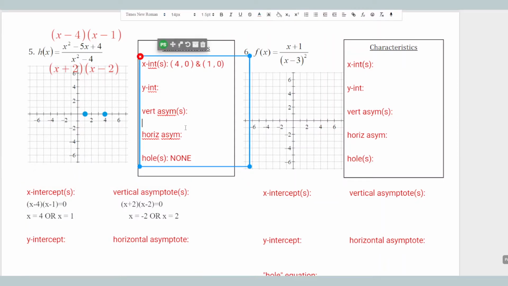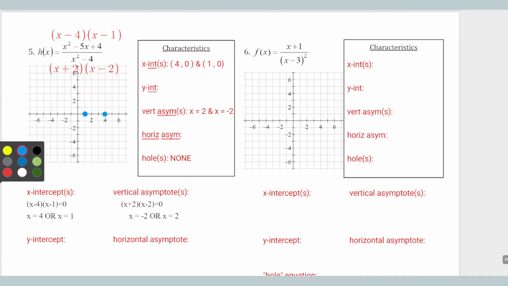But we do have 2 vertical asymptotes. We got one at x equals 2 and one at x equals negative 2. So I'm going to draw those again in green to show that they're not really part of the graph here. It's just going to help guide the graph. So I have a vertical asymptote at 2 and another one at negative 2.